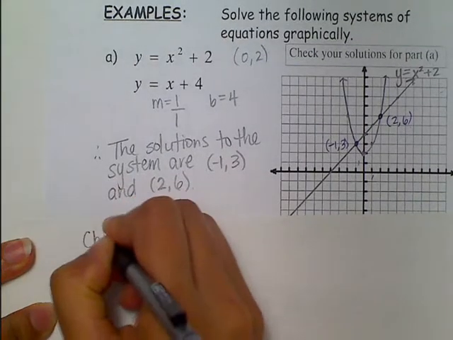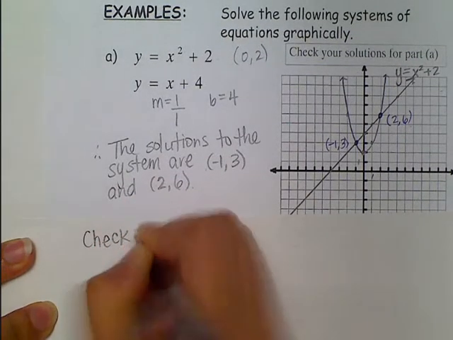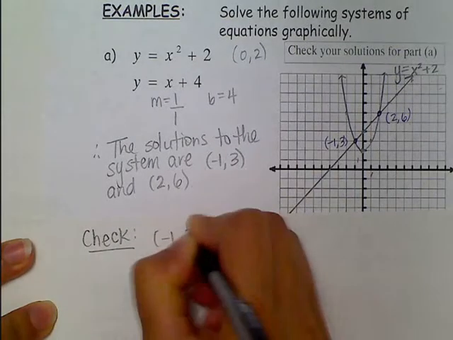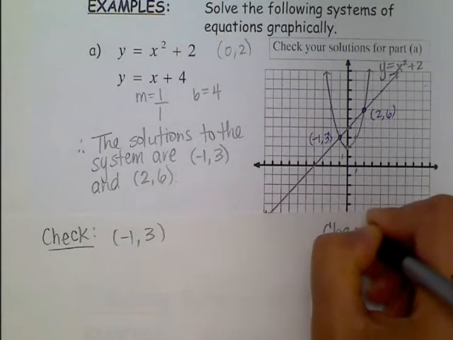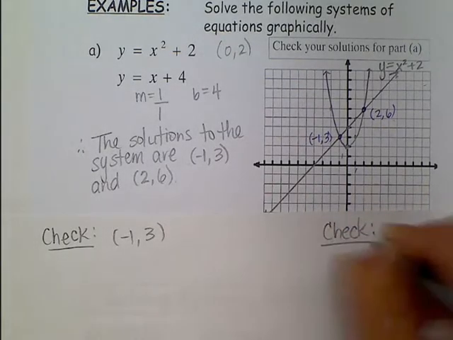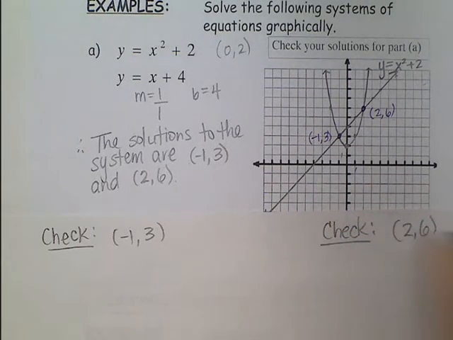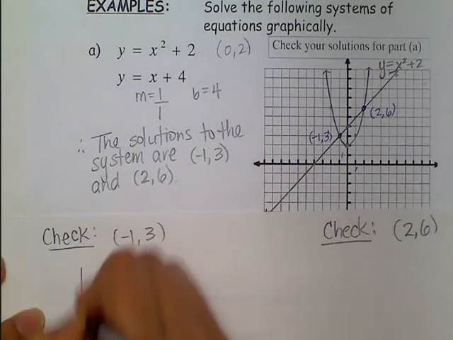And so what I'm going to do is check the point -1 and 3. And then I'll do a separate check afterwards for the point 2 and 6.